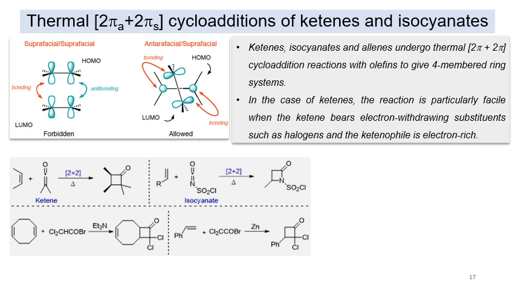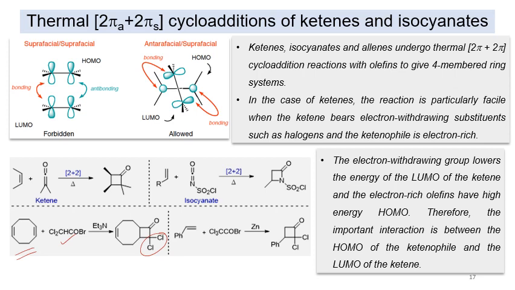For example, in this particular case, the ketene bears electron withdrawing halogen substituents and the ketenophile, that is the olefin, is electron rich.